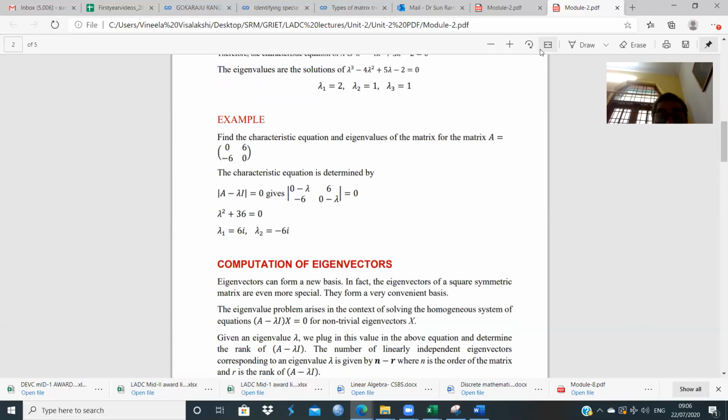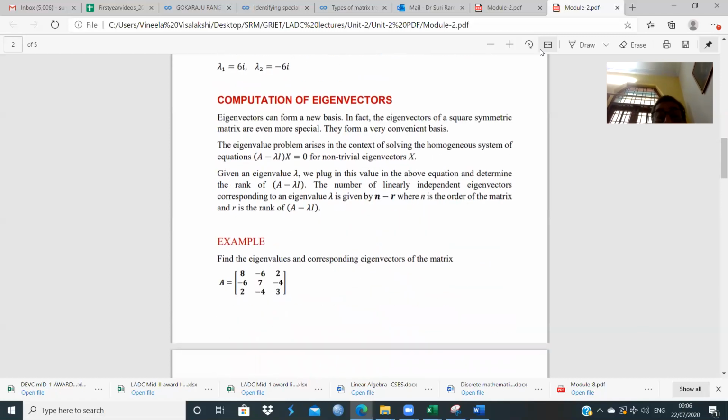Now let us get into the process of finding out the eigenvectors corresponding to a given eigenvalue. We know that the eigenvalue problem has the basic definition (A minus lambda I) into x is equal to 0, where x should be a non-trivial vector and lambda is a corresponding eigenvalue.